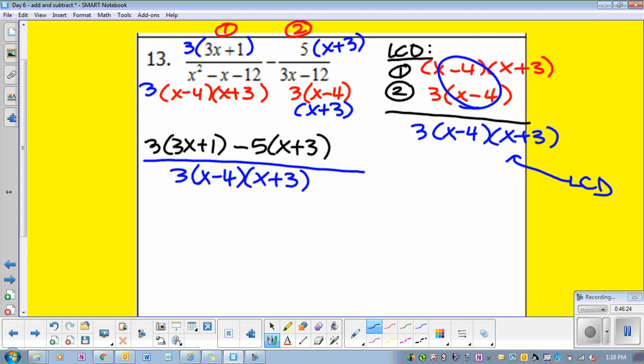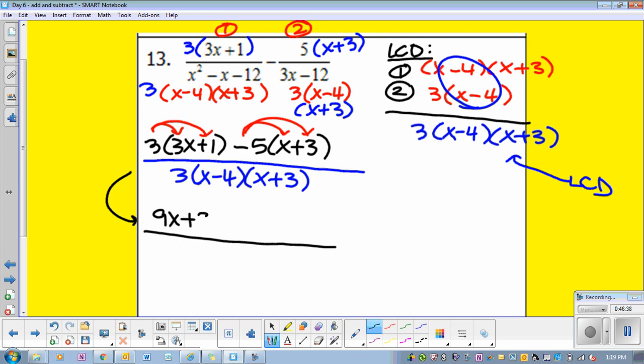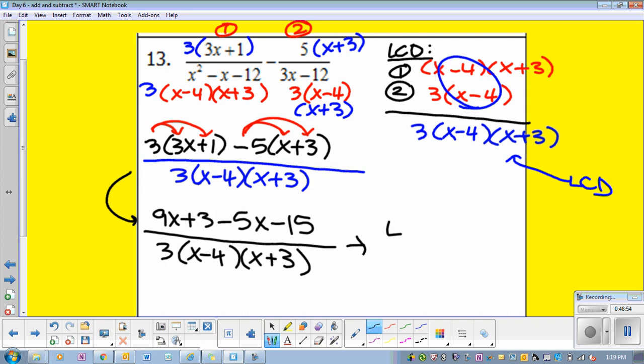Please make sure that you distribute that negative 5, and you also need to distribute the 3. So then you get 9x plus 3 minus 5x minus 15. And then what does this become? Combine like terms, so 4x minus 12, which you can then divide by 4, and then you can GCF this.